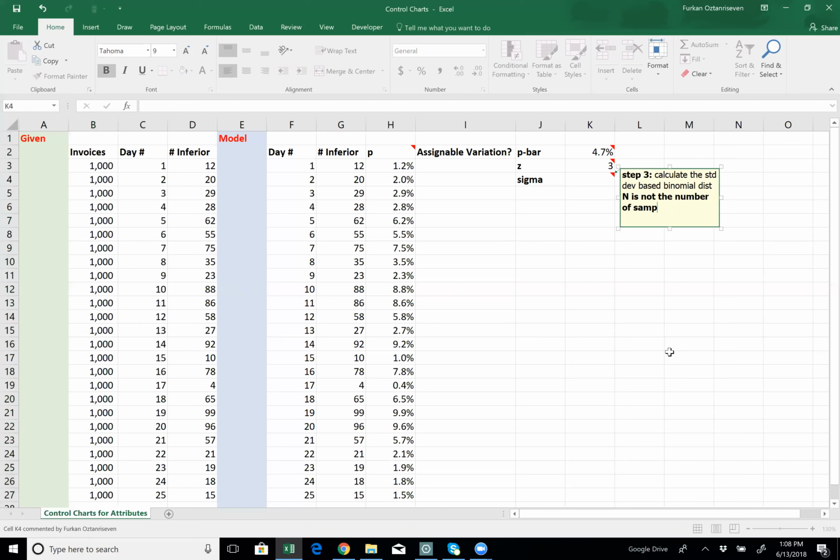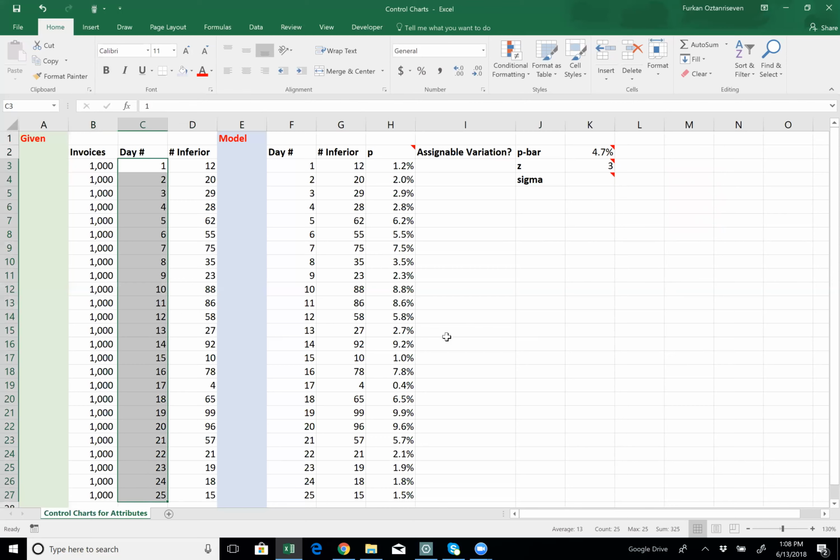Instead it is the size of the sample. All right. So what do I mean by that? The size of the sample here is 1000. The number of samples I have here is 25. So that's why I will use 1000, which is my size of sample or sample size.